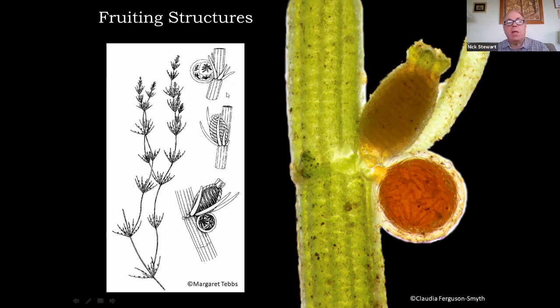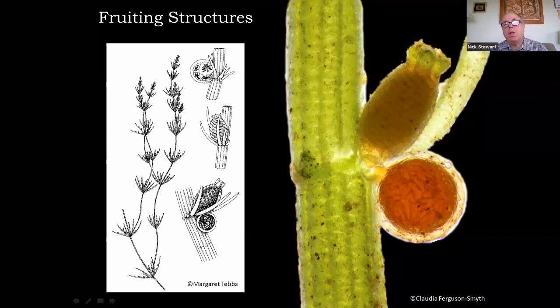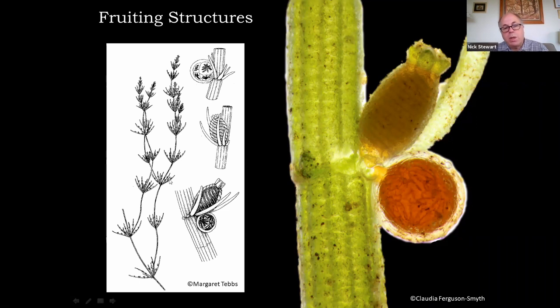The main thing, particularly within the male plant, is that you see that the antheridia is centered very squarely on the node of the branches. So we're looking at these little dots on the branches.